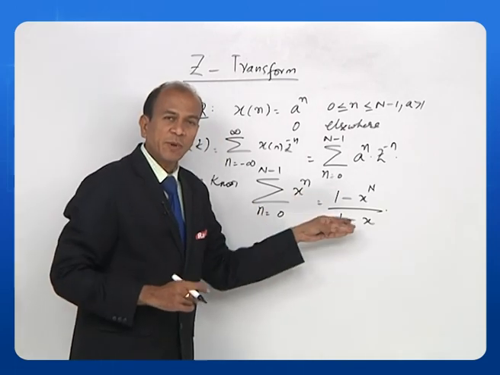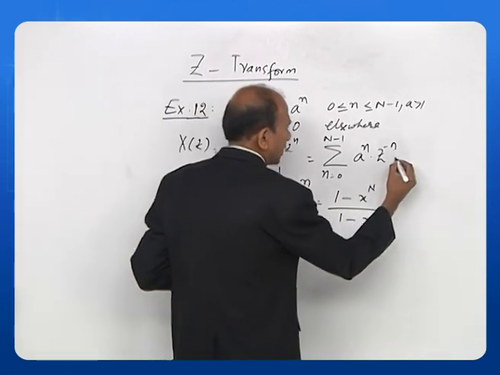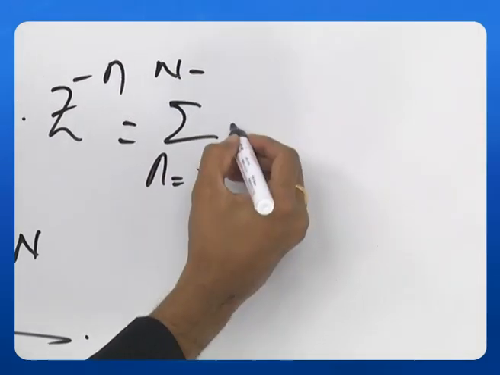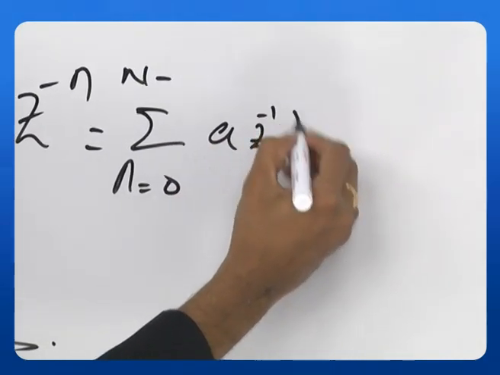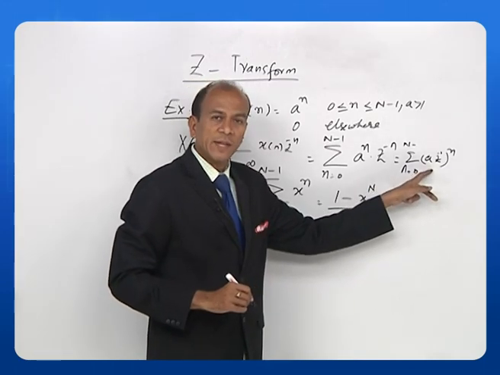This is the formula which I have to apply here. So, I can write this as the summation n equal to 0 to N minus 1 of (a z to the power of minus 1) to the power of n. So, in our case this is x.